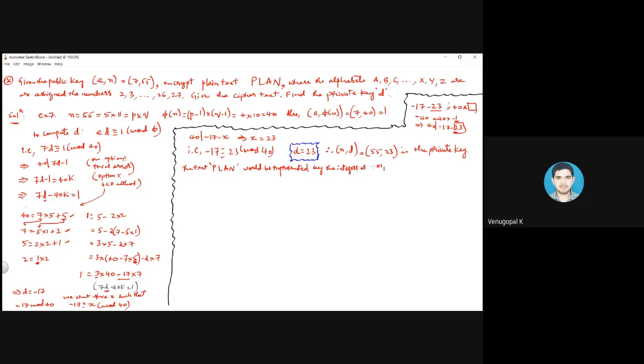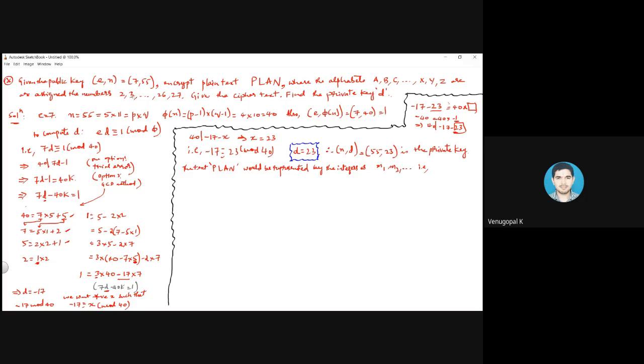That is, each character in the text, we call it a message individually, say m1, m2 and so on. That is what our p is.